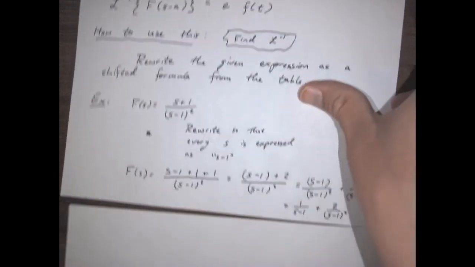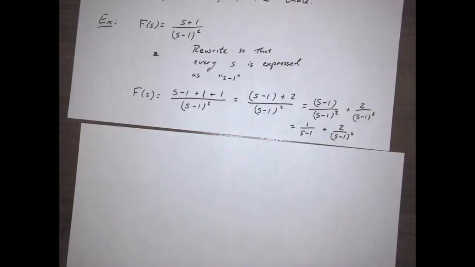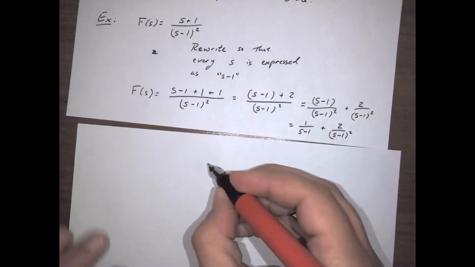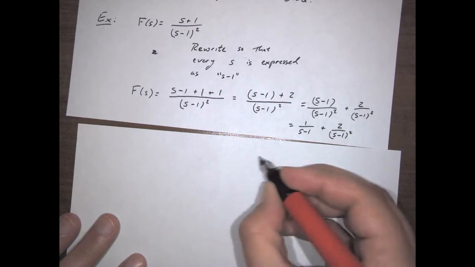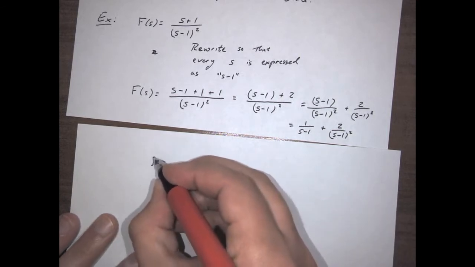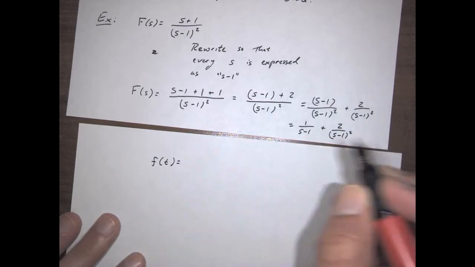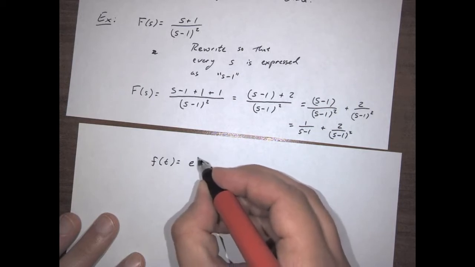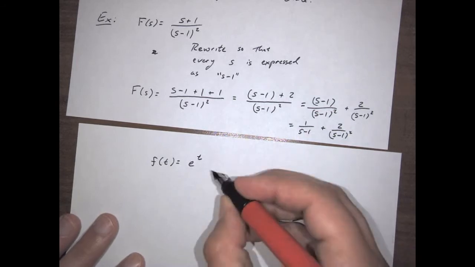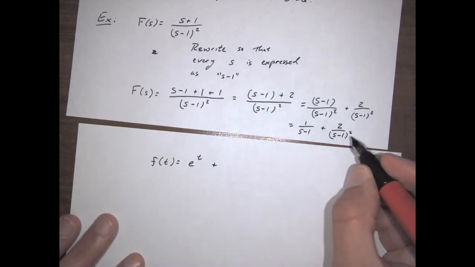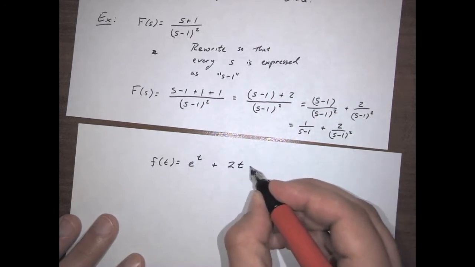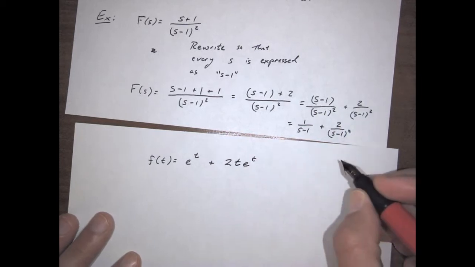And for both of these, we can now either just directly use the table or treat these as shifted versions of things on the table. So then f of t is equal to, for this one, just e to the 1t, plus, for this one, 2 times t e to the t.